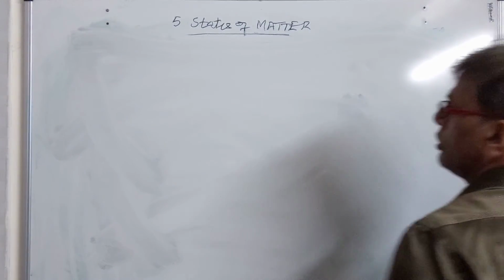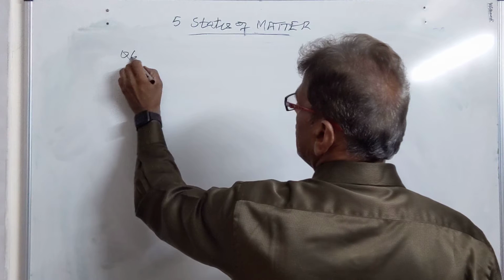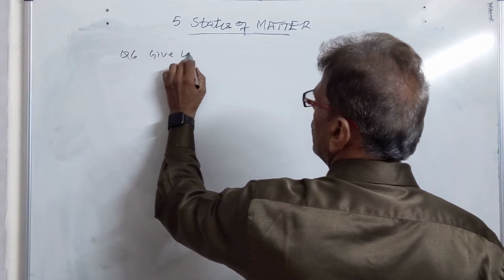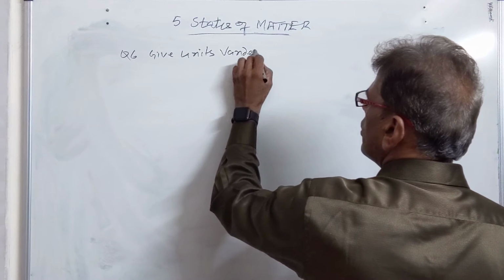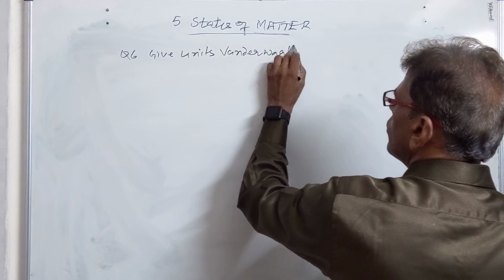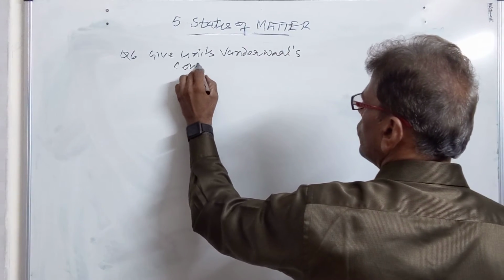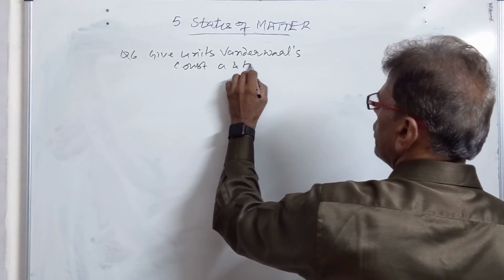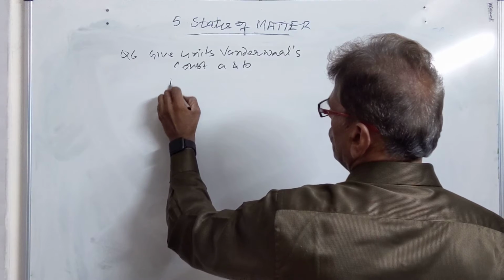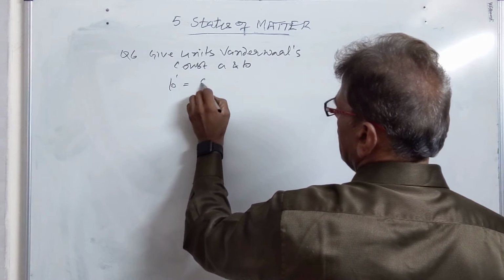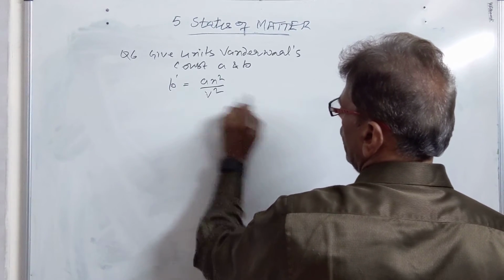This will be our question number 6. Give units of van der Waals constants A and B. Now what is A here? Small p we are considering, that is equal to an squared upon V squared.